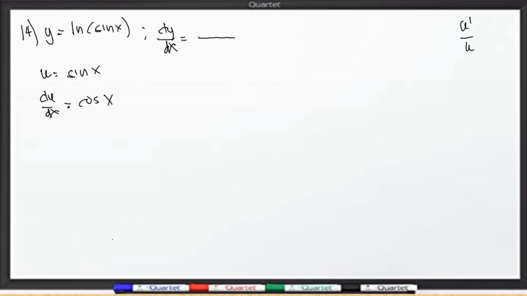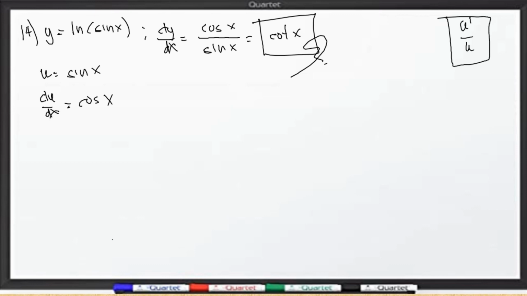Therefore, u prime over u, cosine of x over sine x, will be equal to cosine over sine, cotangent of x. And this will be our final answer. So basically, ganun lamang po, no? Kahit trigo function, kahit exponential, kahit algebraic, ang i-apply lang po natin, ang nadagdag lang ay itong u prime over u. And the rest will be just the normal differentiation process.